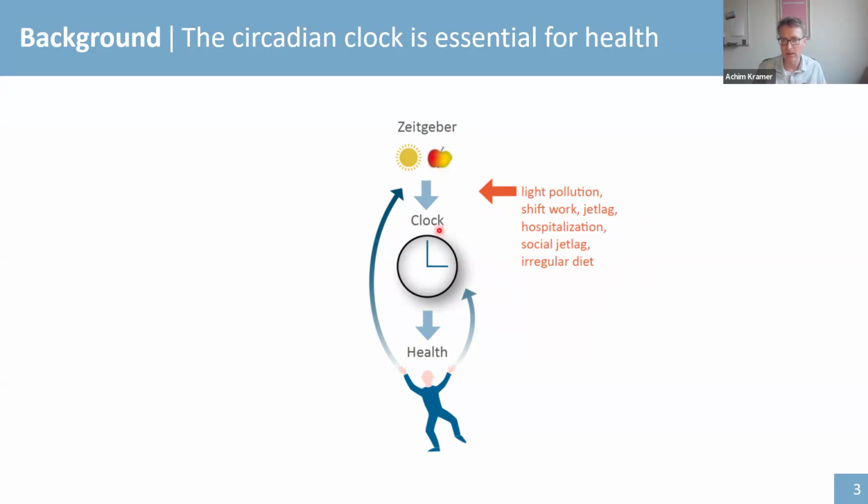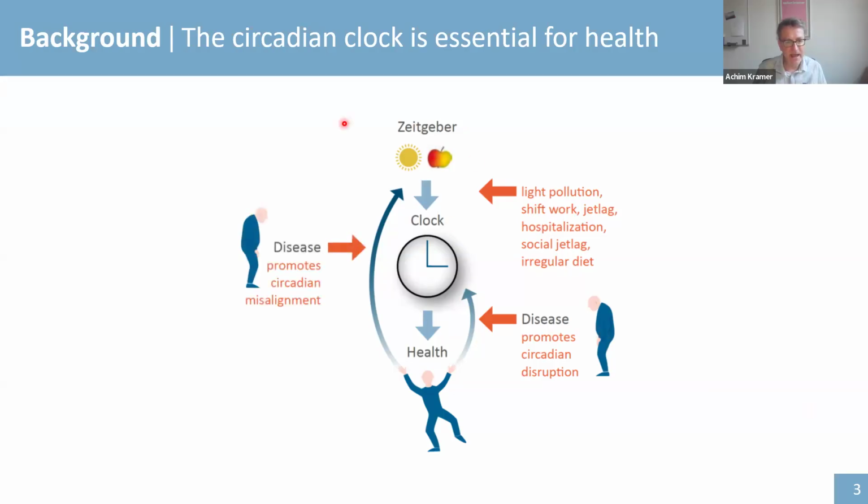And this is all compromising this important process called entrainment. And also, when we are diseased, this can also promote circadian disruption because people are not outside anymore, don't get enough light. The physiology is also challenging our circadian rhythms, the pathophysiology.